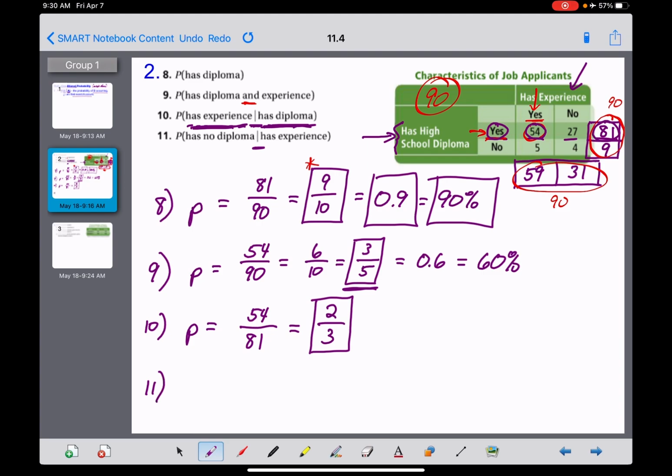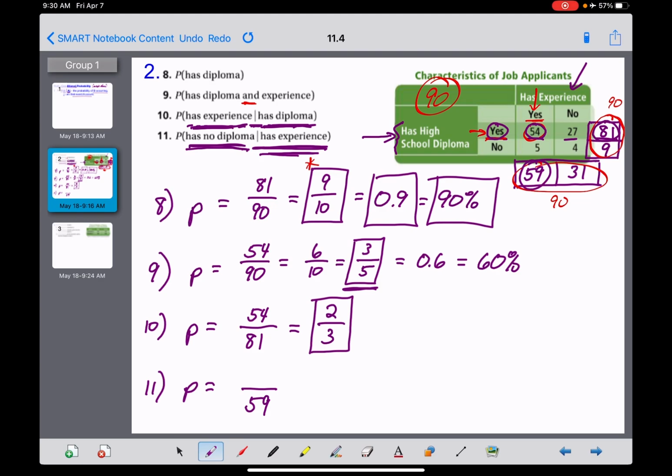And in number 11, let's take a look at this probability. Here, we want to know the probability that the applicant has no diploma given that they have experience. So I would look at the denominator first. The total number of employees that have experience here, we'd be looking over here in the yes column. That would be the 59 employees there who have experience.